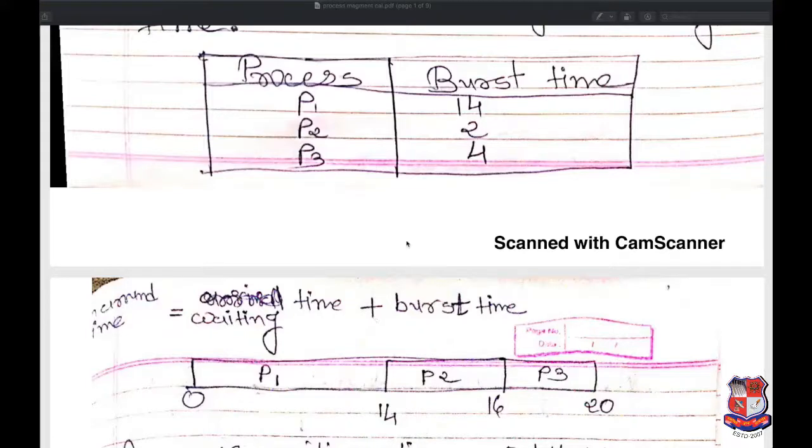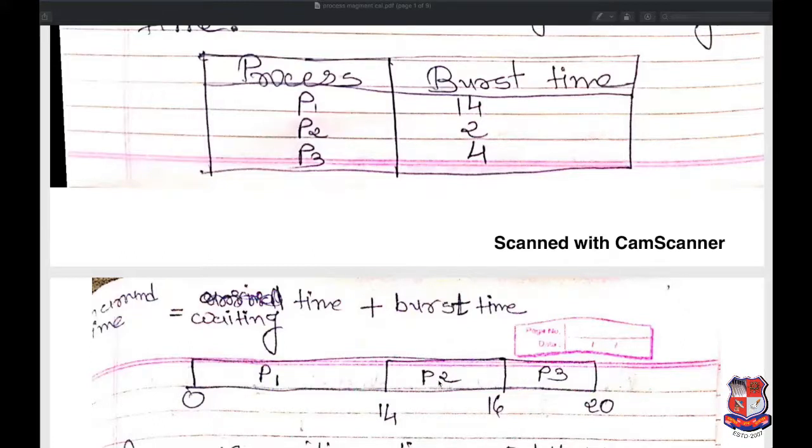Then after that P2 comes into the system. The starting value of P2 is 14. The total burst time of P2 is equal to 2, so 14 plus 2 is equal to 16.